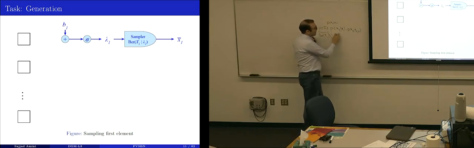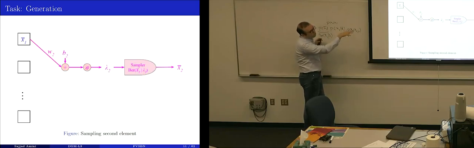To calculate the distribution over the second element, because you need x1 to be given, you replace it with the generated sample. You have a generated sample. You also have a procedure to calculate the parameter for this distribution. So the result is the Bernoulli of x2 given lambda 2.